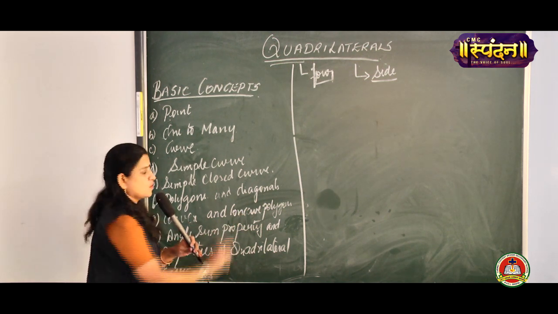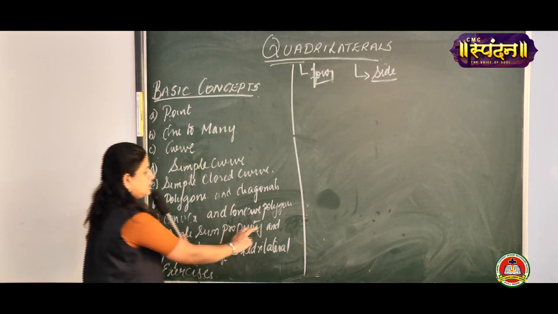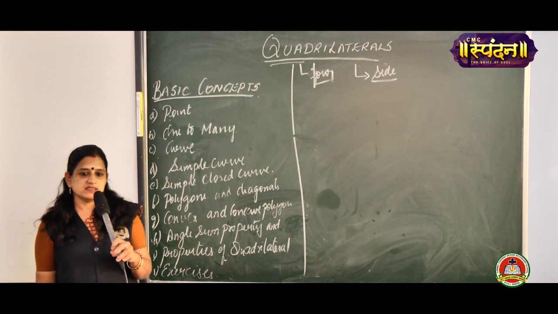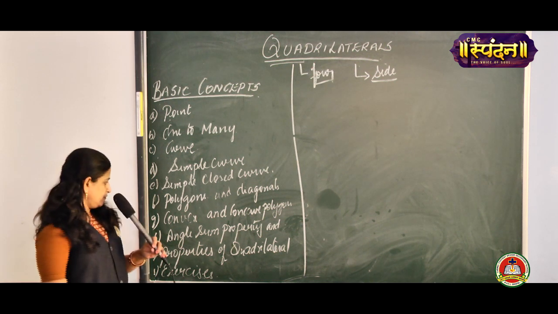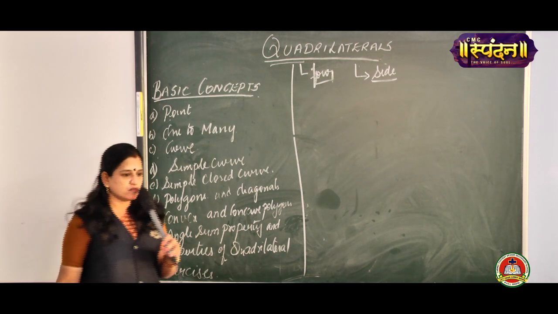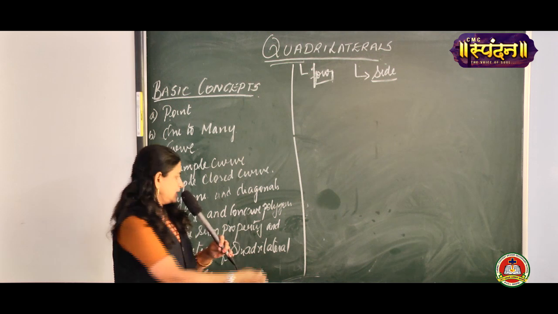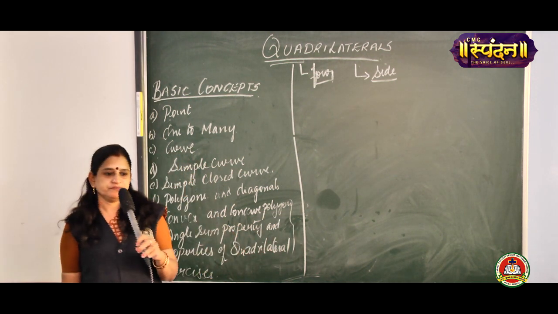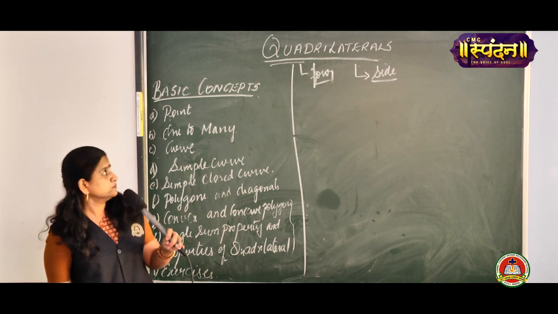Next one, convex and concave polygon. Next one, angle sum property of triangles, quadrilaterals and different polygons. Next is properties of quadrilateral, and exercises based on these topics. Hope it's clear. So let me start the chapter now.